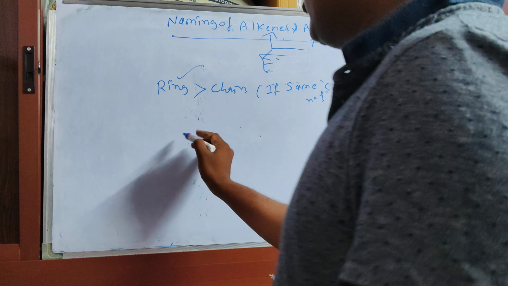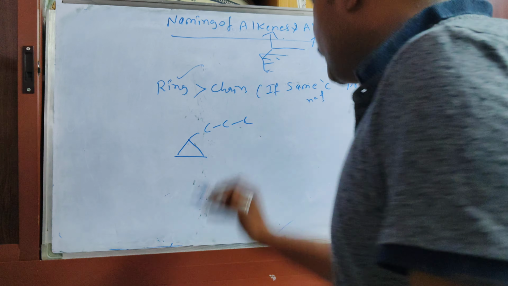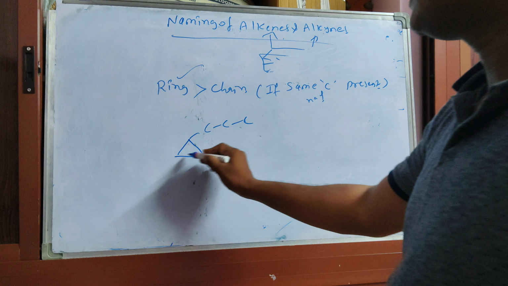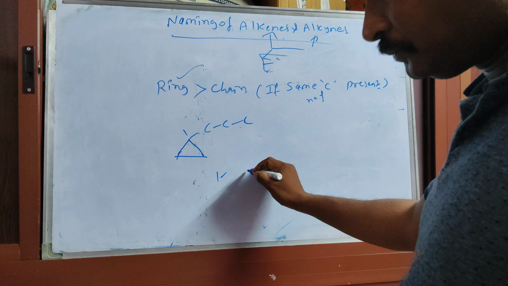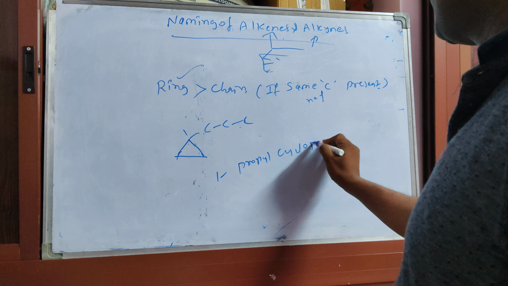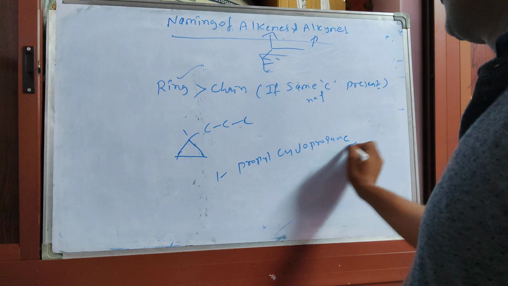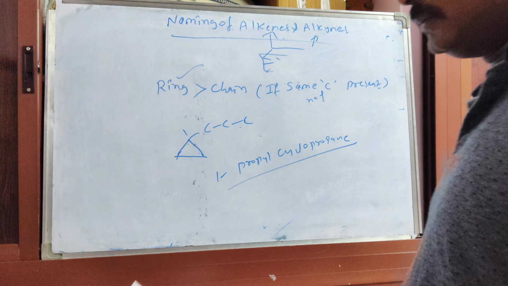For example, this is the 3-membered ring, which is with the more priority. This gets the more priority. 1 propyl cyclopropane, 1 propyl cyclopropane. This is the nomenclature of the.